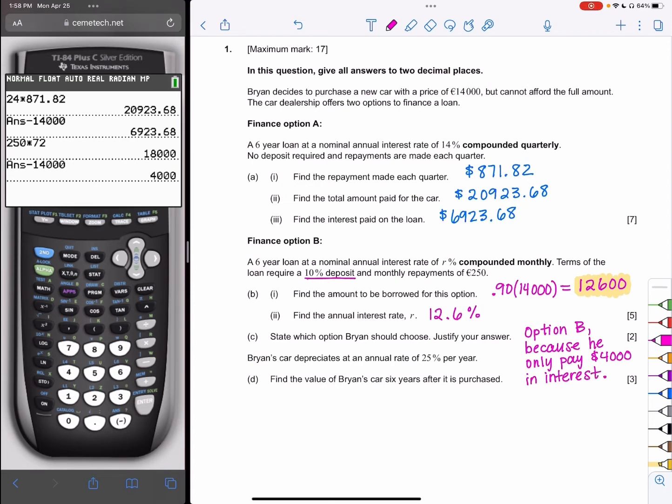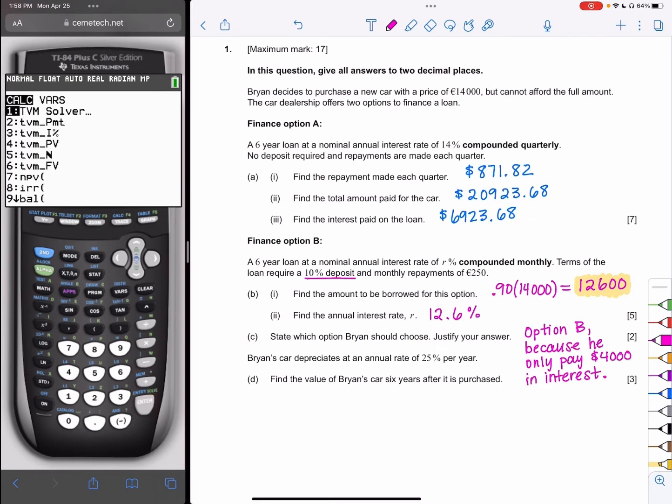Okay. So next it says Brian's car depreciates at an annual rate of 25% per year. Find the value of Brian's car 6 years after it is purchased. So I'm going to use the TVM solver as well for this again.